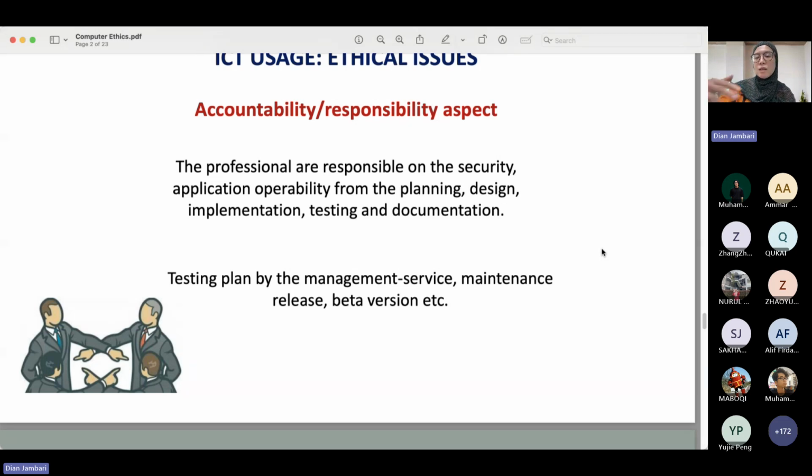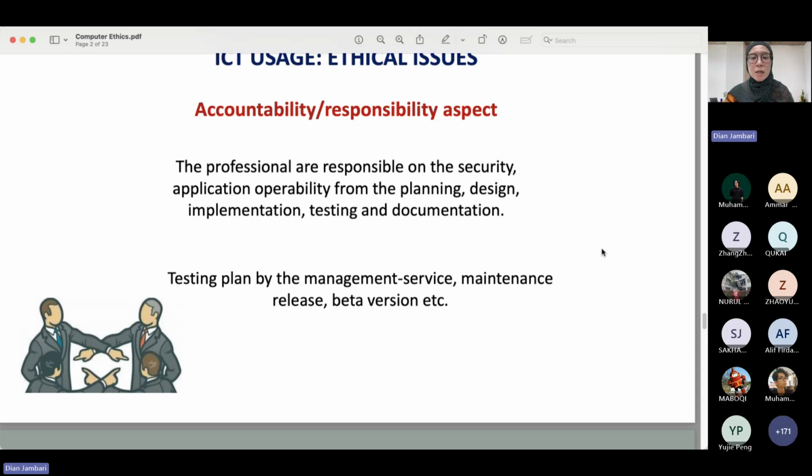So for example, using the different tools, using the systems in an organization. So we may not only be the one developing systems, but there are systems that we are also users of. And so the different ways how ICT usage happens in an organization for professionals, we can be faced with different ethical issues.